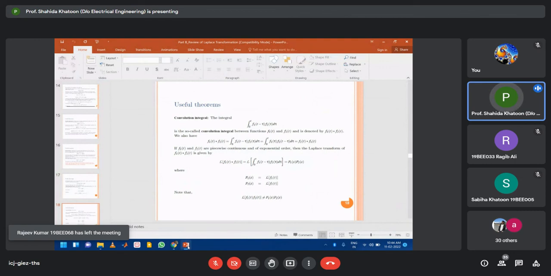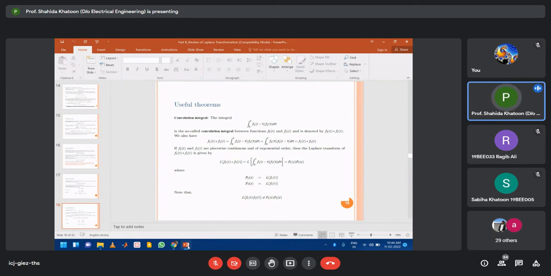The next theorem is the convolution integral. This is again a very important integral theorem. The integral from 0 to t of f1(t minus tau) f2(tau) d tau is called the convolution integral between functions f1(t) and f2(t), and is denoted by f1(t) star f2(t).